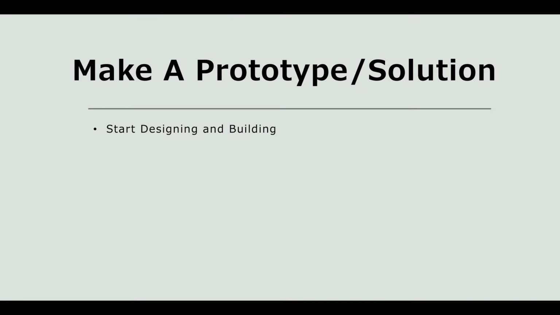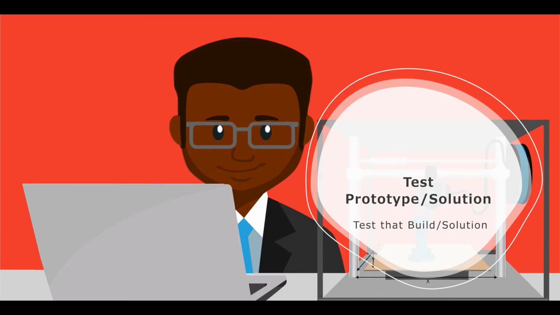Now, making a prototype or solution. You can start designing and building that solution or prototype of what you got from brainstorming. Now, once you finish that, we can test it. So we can test what our invention is, or it might not even be an invention, just your machine or solution or idea in the real world.